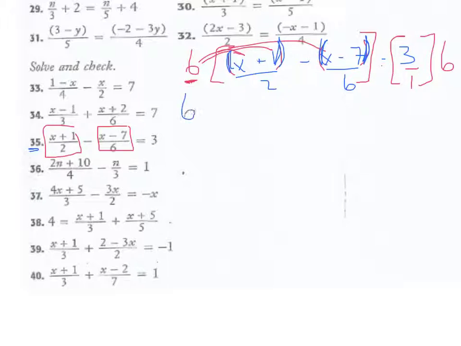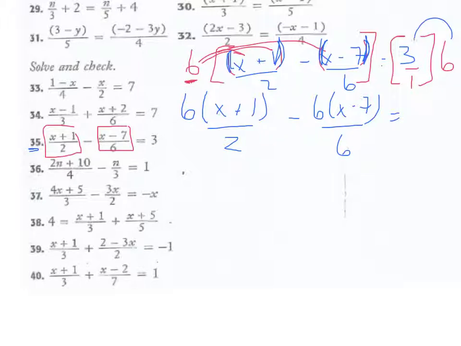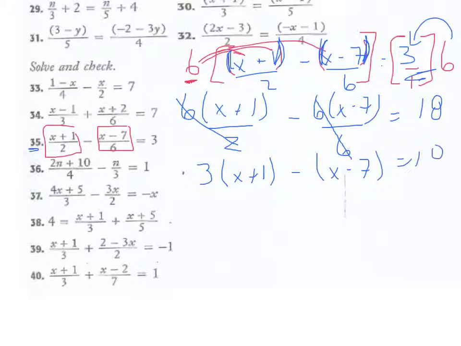We'll be left with 6 times x plus 1 over 2 minus 6 times x minus 7 over 6 equals 18. The 1 goes away. This will give me 3 times x plus 1, minus, this will now cancel, x minus 7, and I get 18.